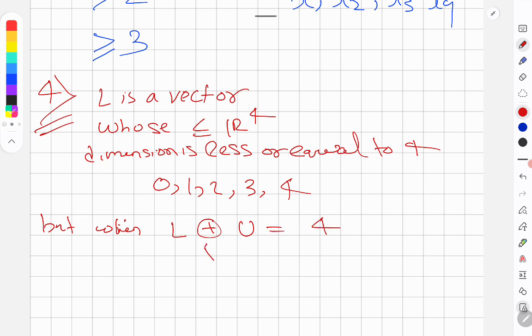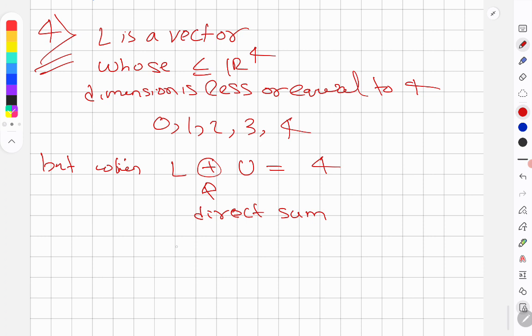So this is the symbol for direct sum. Okay, what is a direct sum?